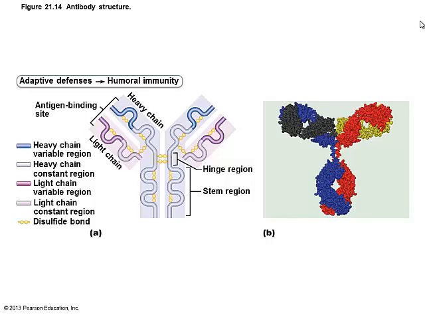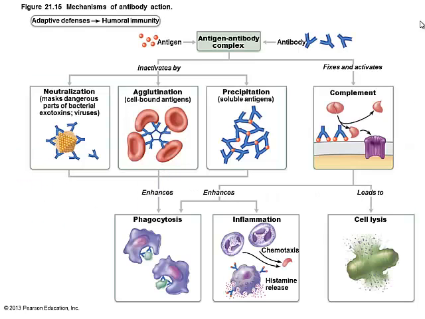All right, so antibody monomers, yes? All antibodies are made of these monomers, so understand this structure. Again, it's figure 21.14 on page 781. Now, there's different classes of antibodies. Remember MAG.